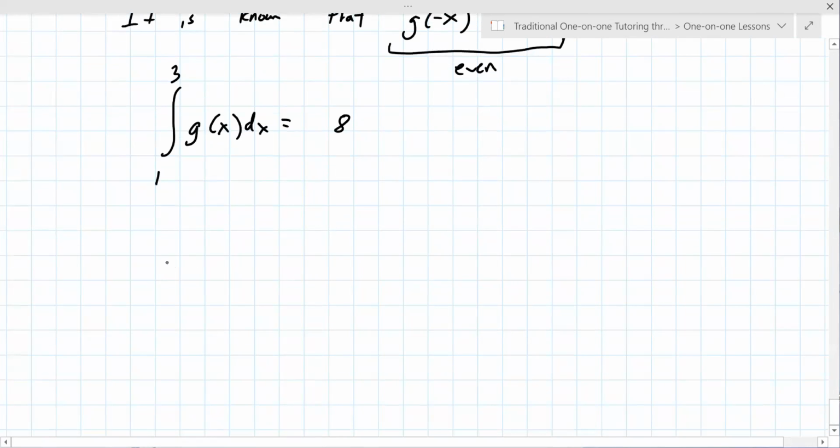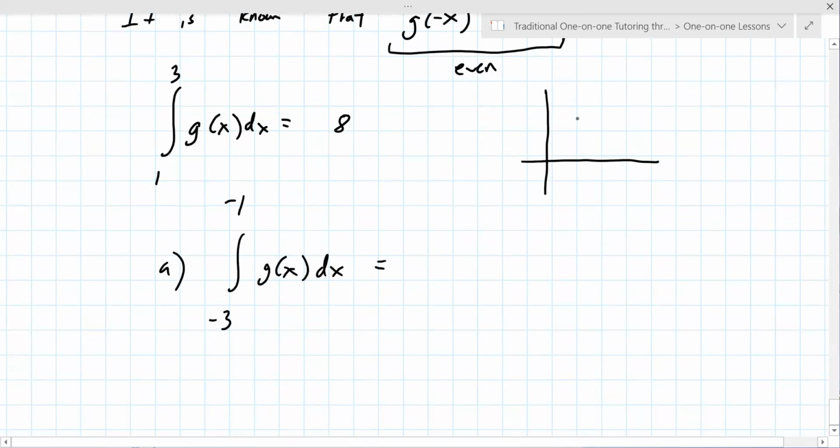So now part A would be, what is the integral from -3 to -1 of g of x dx? This first one, they're telling you from 1 to 3. We don't know what it does, but we know that it has an area equal to 8.